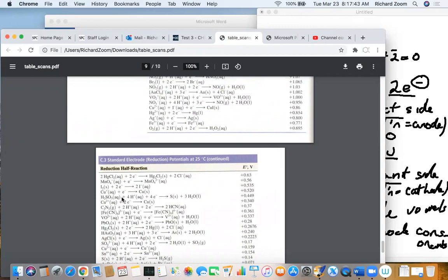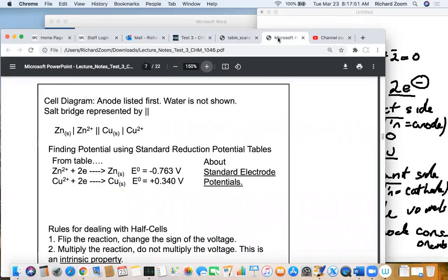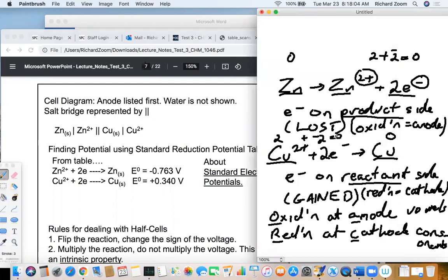So you'll notice that these are both written as reductions, as I said earlier. By convention, the first things on the left-hand side of the cell diagram, the very first things we see, represent the anode. But I told you earlier that at the anode, oxidation is occurring.